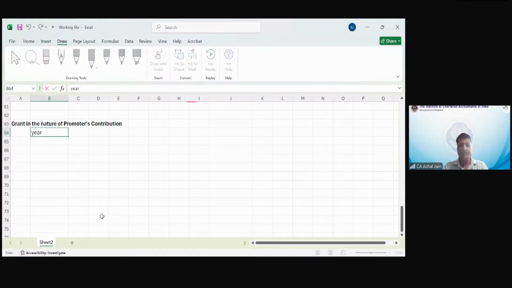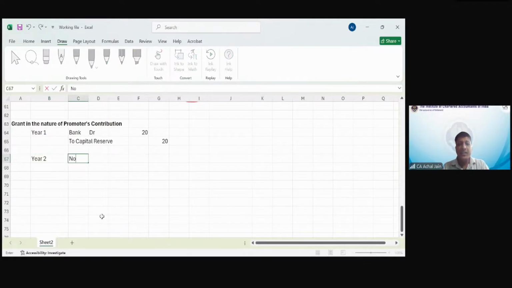So year one, when the grant was received, let's suppose grant amount was 20 lakhs. So what was the accounting entry? Bank debit 20 lakhs to capital reserve 20 lakhs. Let's suppose year two, there was no change.